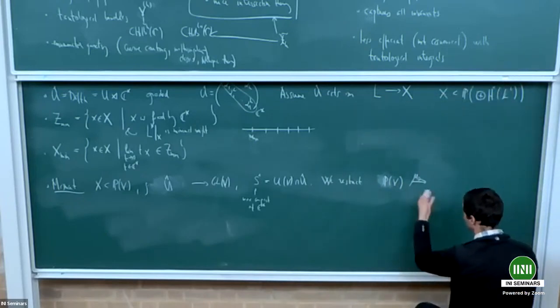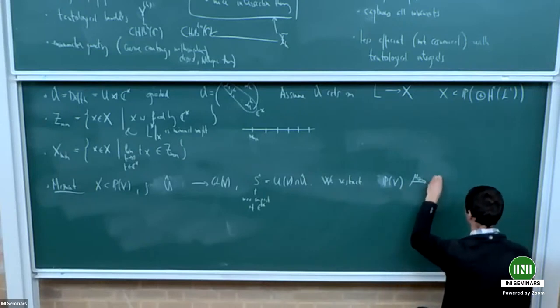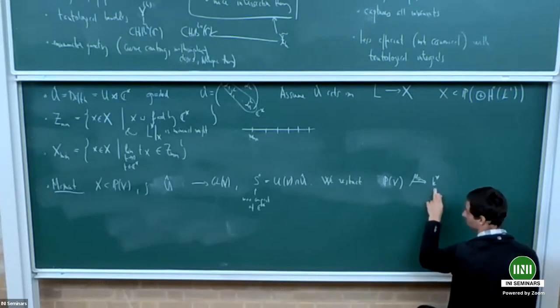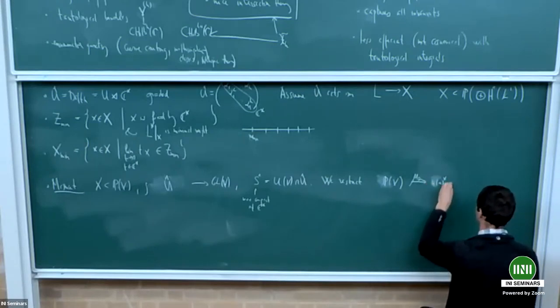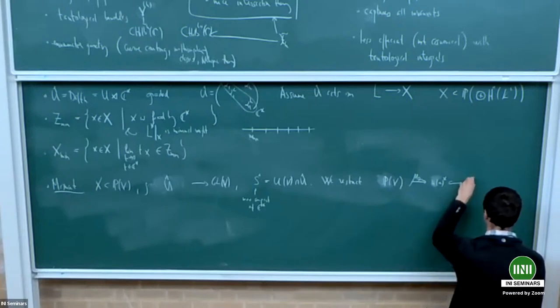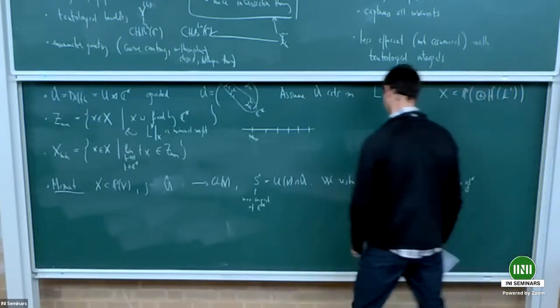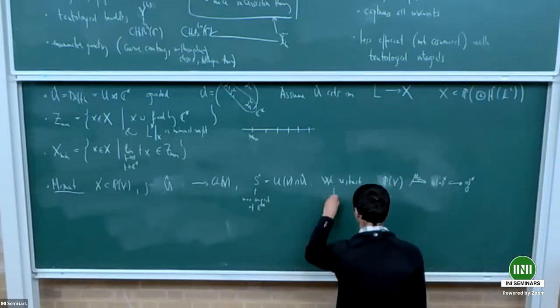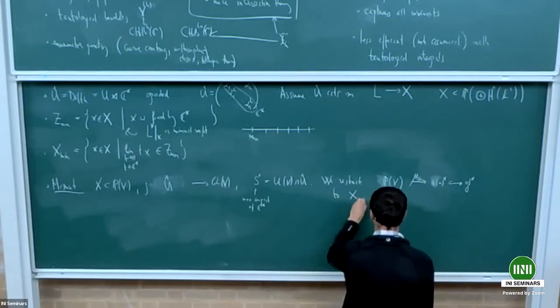This moment map takes values in the dual of the Lie algebra of the maximal compact subgroup, which sits in the dual of the Lie algebra of GL. And we restrict it to X, and then compose by projection.